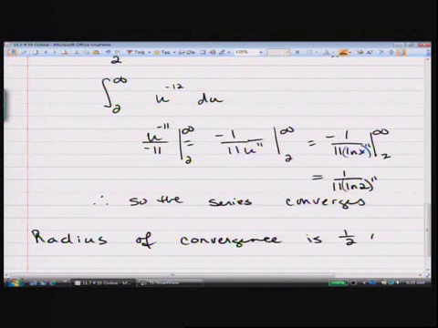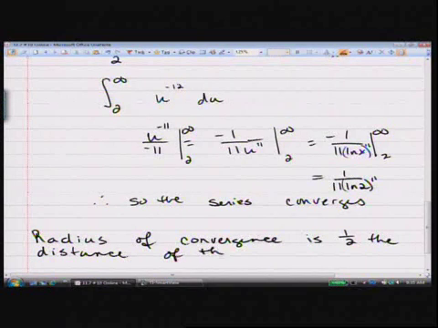is half the distance of the interval of convergence.